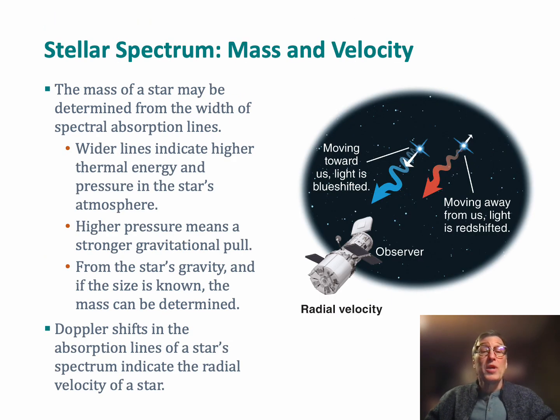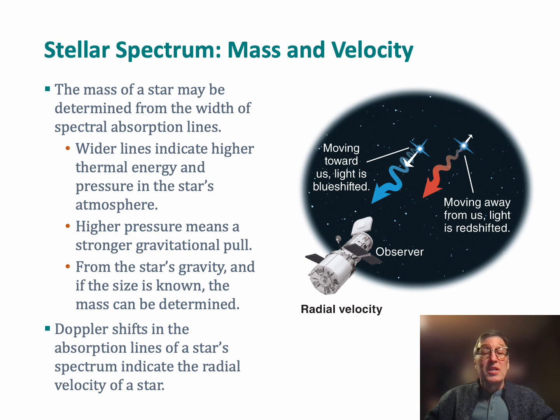Other properties that we can measure: the mass and the velocity of a star. We can't weigh a star. We don't have a scale. We can't get to them anyway, but we can look at the width of those absorption lines, the spectral absorption lines that we just saw in the previous slide. And if those lines are wider, then we can infer that the star is more massive.